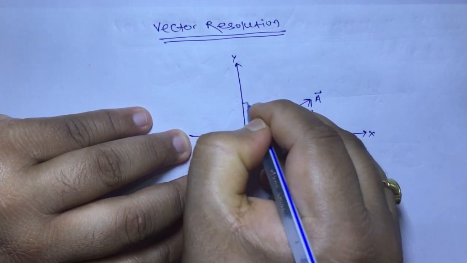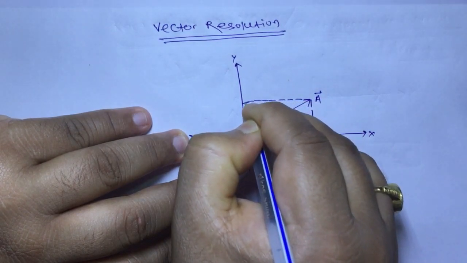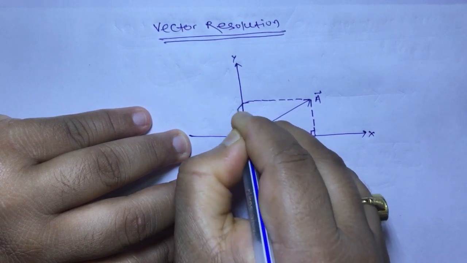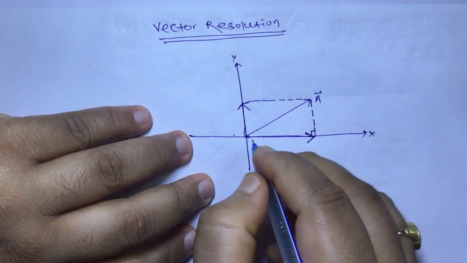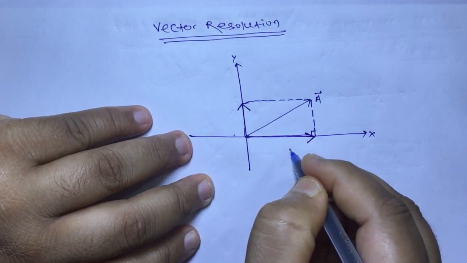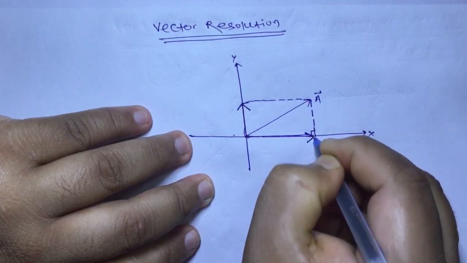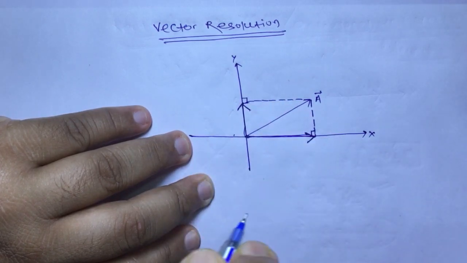And again draw a perpendicular from this point on the y axis and draw a vector from the origin to here along this direction. A vector was given to me and I have drawn two vectors, one like this, one like this. Up to where should this vector go? Till this perpendicular, and this vector should go till this perpendicular.